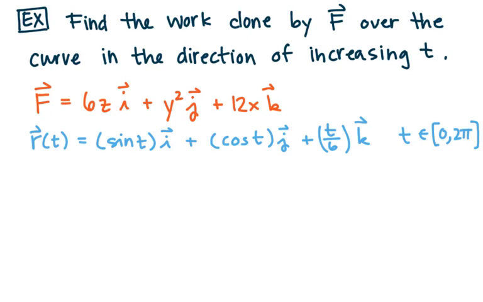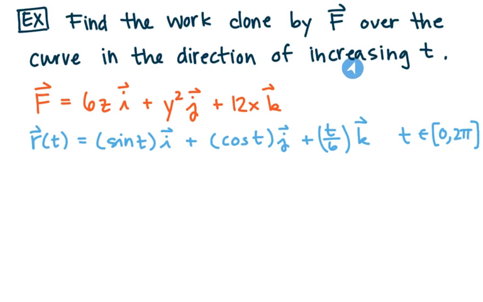In this example, we're going to find the work done by the force field along the curve parametrized by the path r(t) equals sine t i plus cosine t j plus t divided by 6 k, from t increasing from 0 to 2 pi.